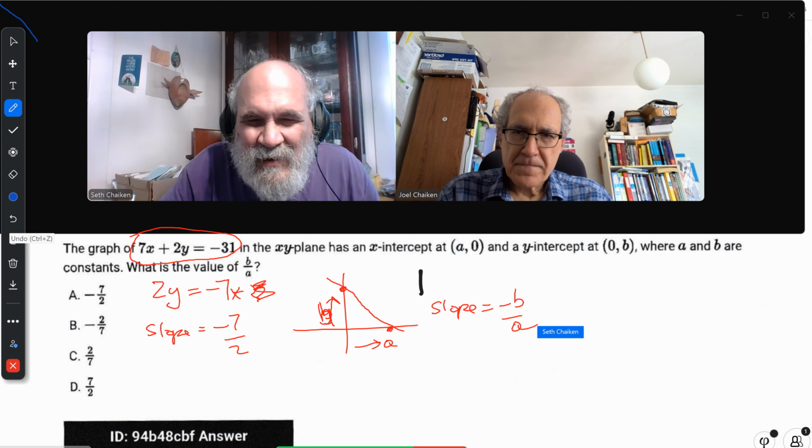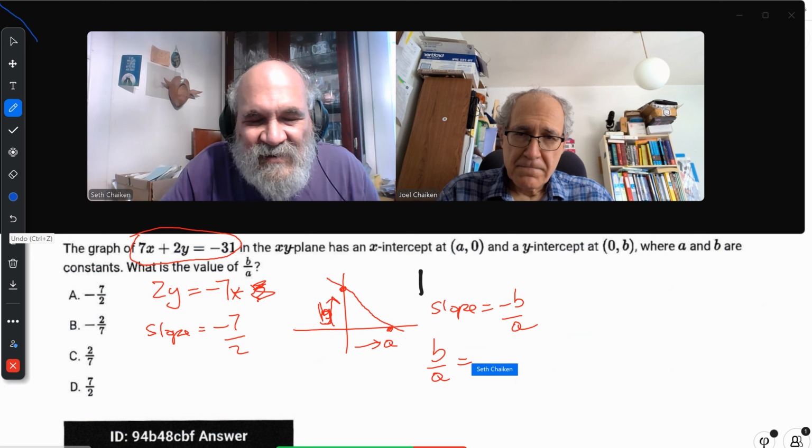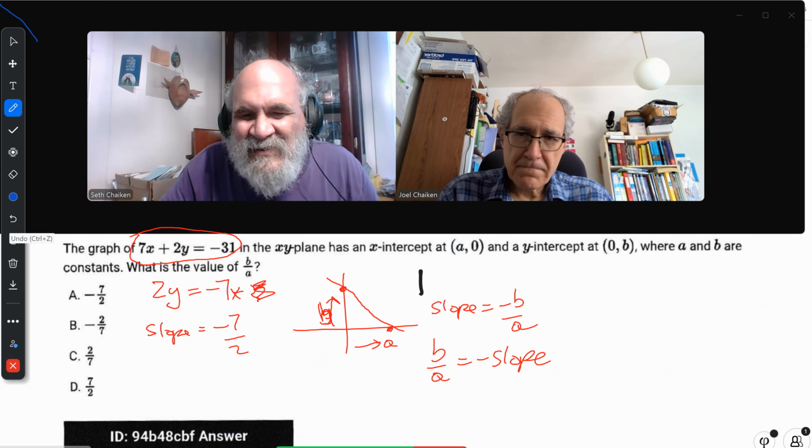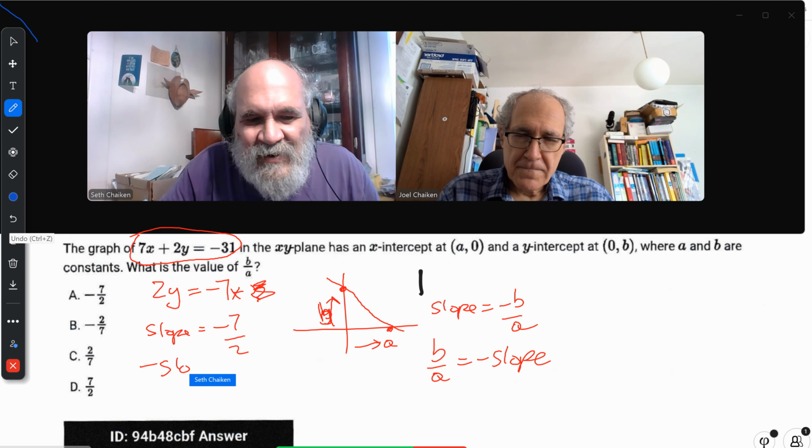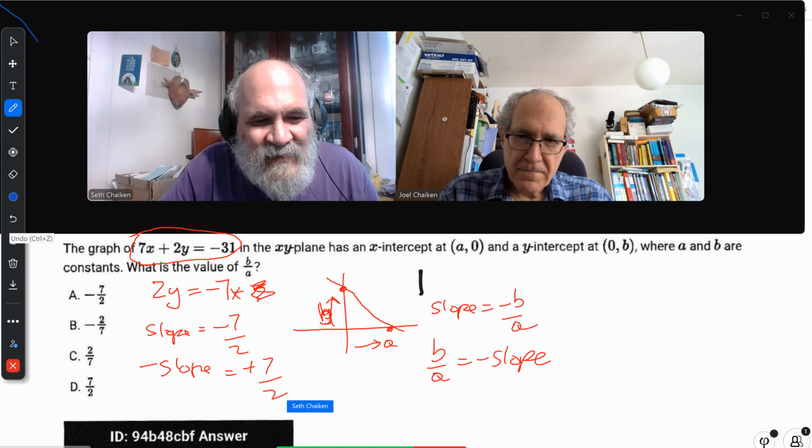Right? So what is b over a? B over a is the negative slope. But we figured out that the slope is minus 7/2. So the negative slope is plus 7/2. That gives it there.